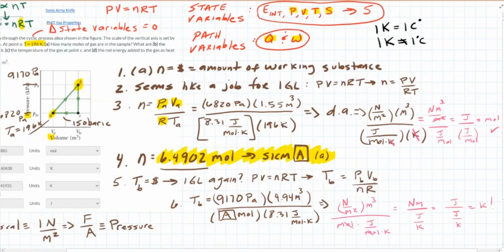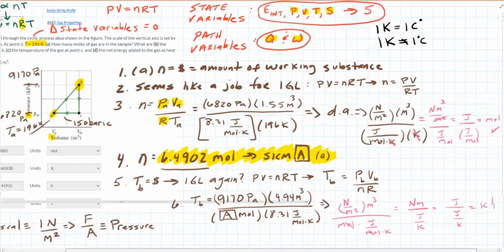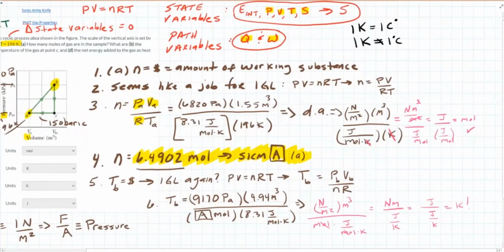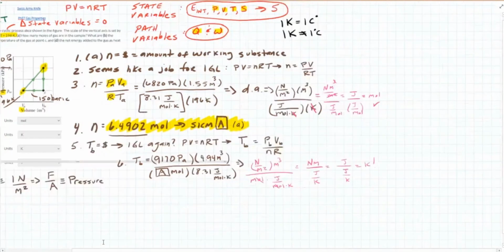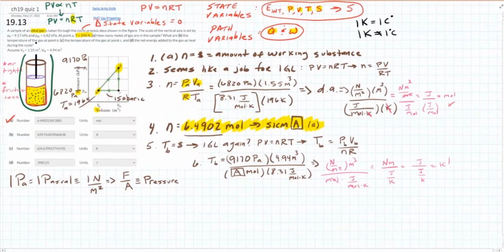Now it makes sense to go to the calculator. 9170 times 4.94 divided by alpha A. Okay, 839. Number 7.